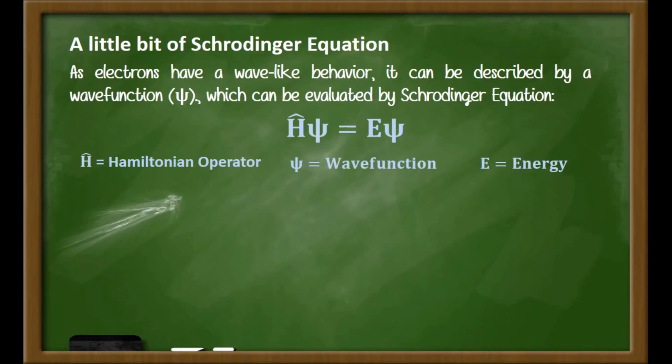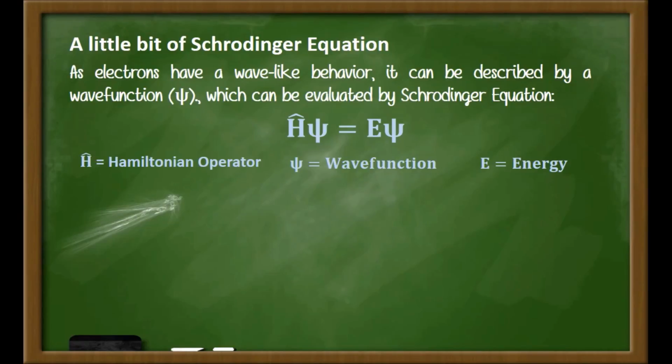So what is the Hamiltonian operator? An operator is like a mathematical command or a mathematical order that is applied to a certain function. In this case, the function is the wave function psi.